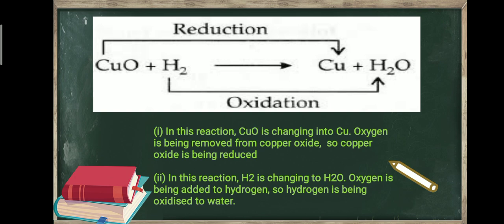In the second case, on the reactant side we have hydrogen, but on the product side we have water. Here oxygen is added to hydrogen, and the addition of oxygen is known as oxidation. Now both reduction and oxidation are taking place in the same reaction, so the reaction is known as a redox reaction.